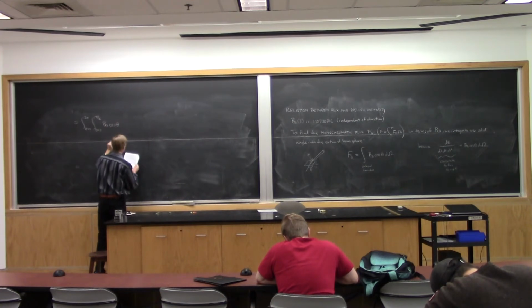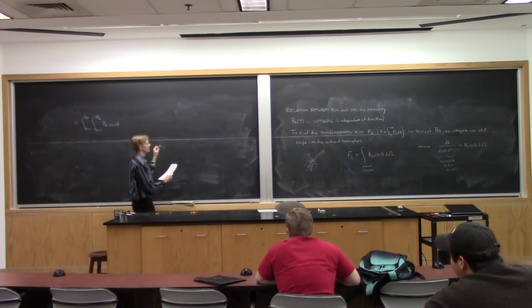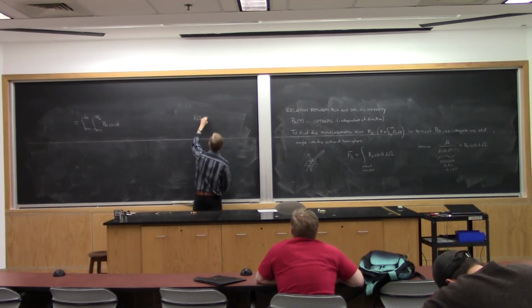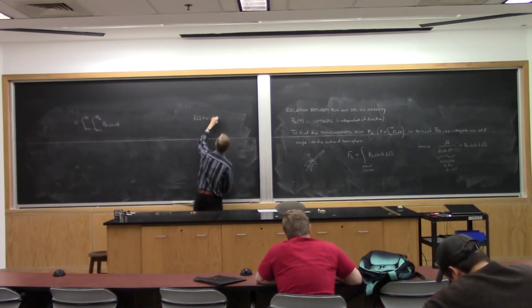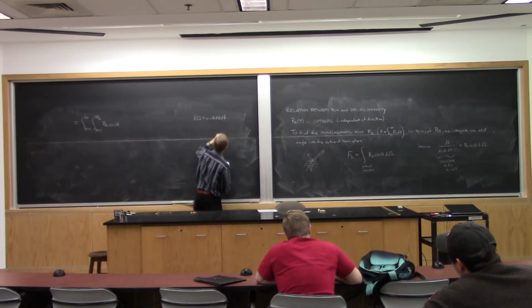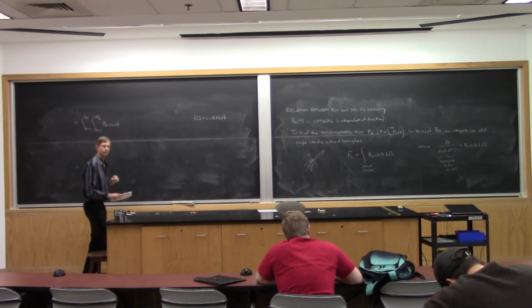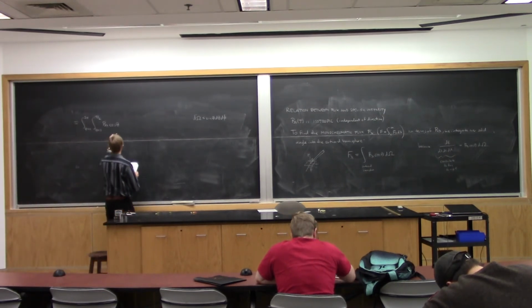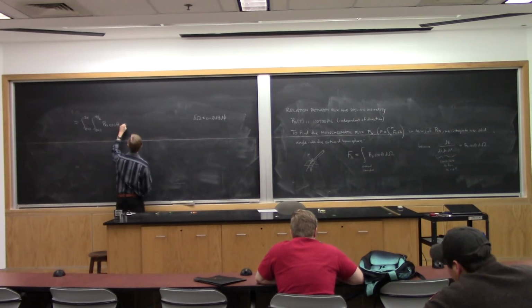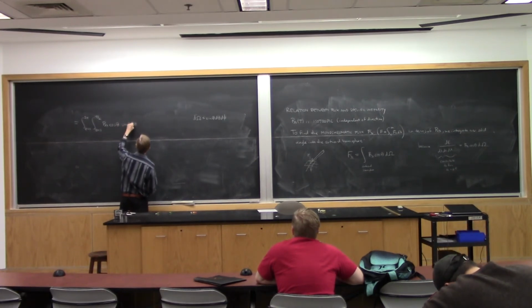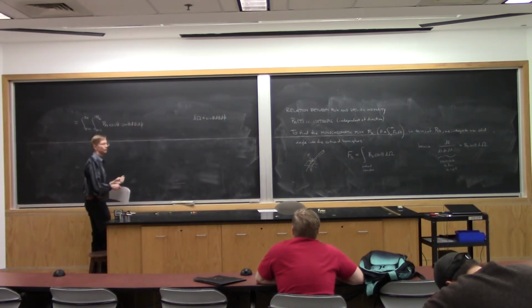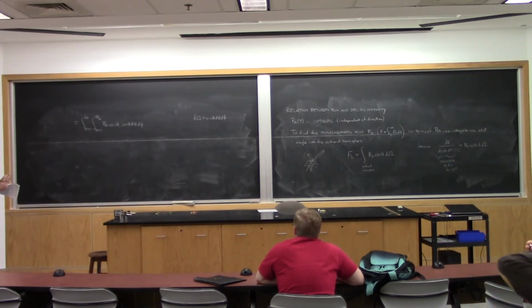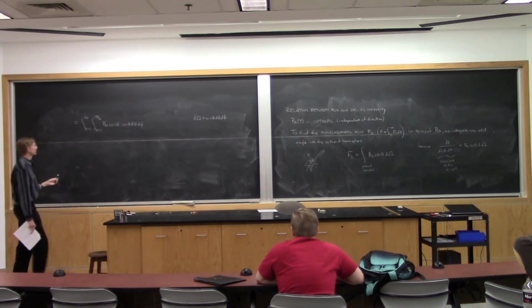B lambda cos theta. And then we have to remember that d omega, in spherical coordinates, was sine theta d theta d phi. So it's B lambda cosine theta, sine theta d theta d phi. So that's the integral I'm doing. And the first piece is easy.